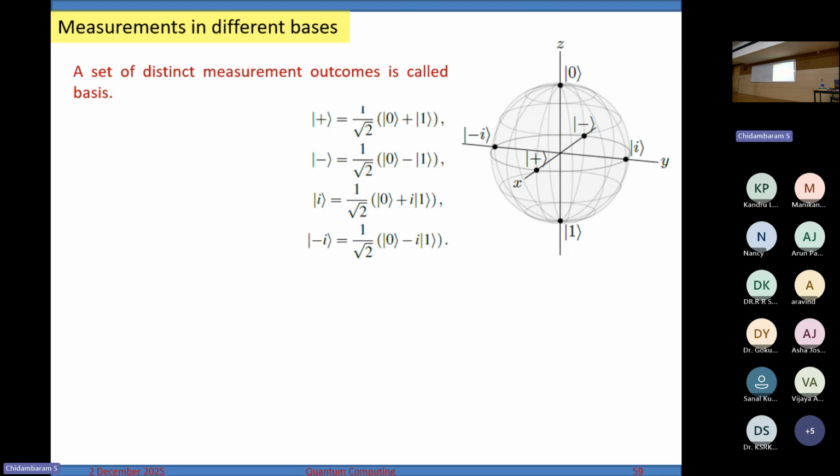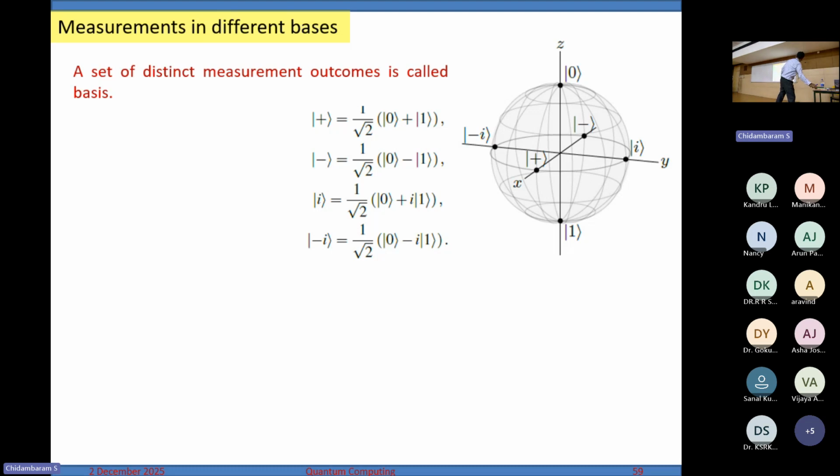And I have the Y basis, wherein I have 1 by root 2 (ket 0 + i ket 1), and minus i, which is the other side of the Y basis, 1 by root 2 (ket 0 minus i ket 1). What is this plus i and minus i? It is the phase. Okay, this is called a phase shift.